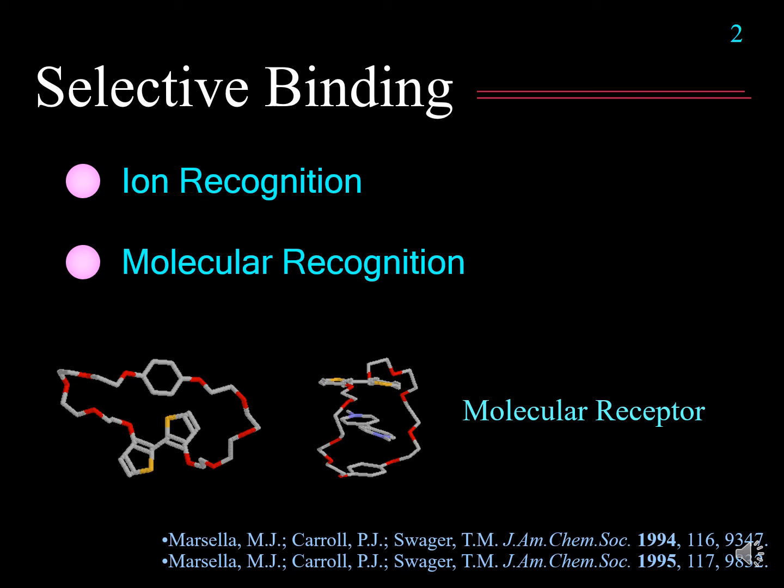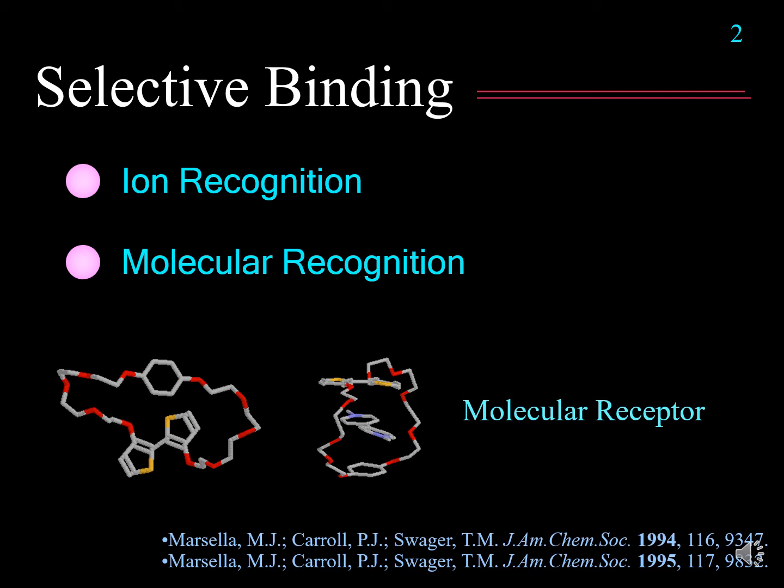Another example here is the molecular receptor. So we have molecular recognition. Very similar to the first one, but in the crown ether ring here, we insert a benzene ring inside. This benzene ring is electron-rich because it's connected to two of the oxygen atoms nearby. By the resonance effect, the electron pair on the oxygen atom can resonate into the aromatic ring.